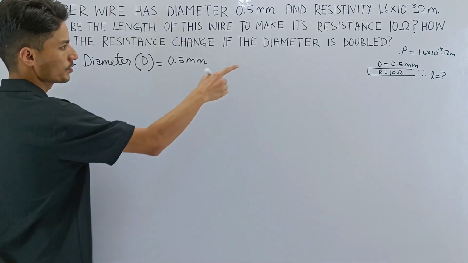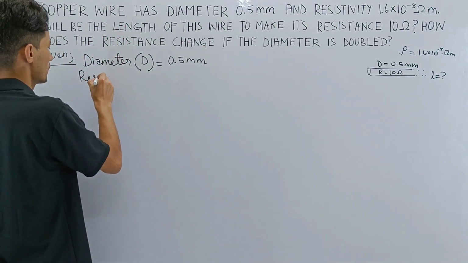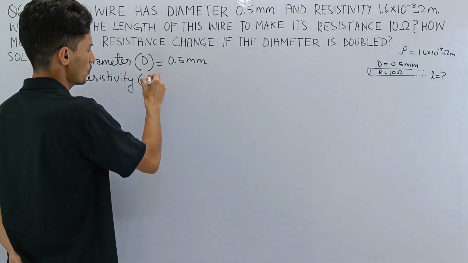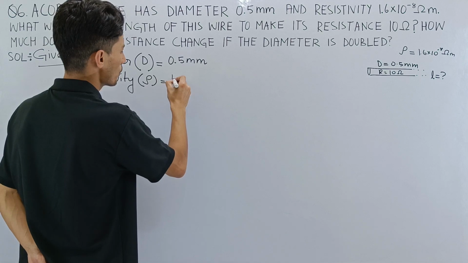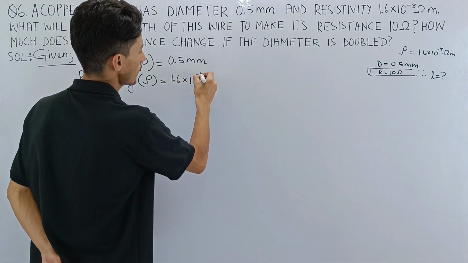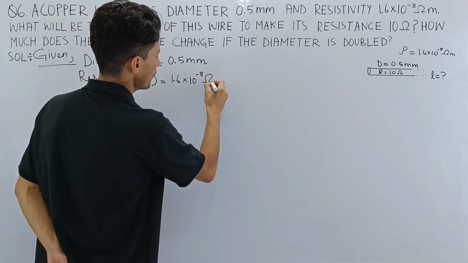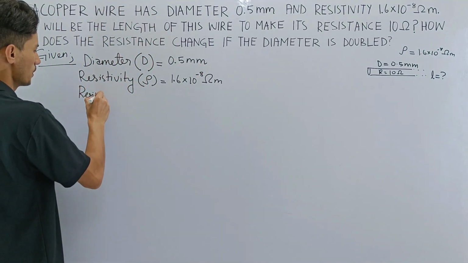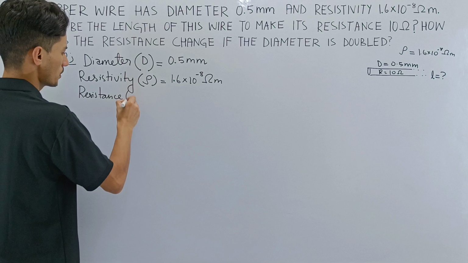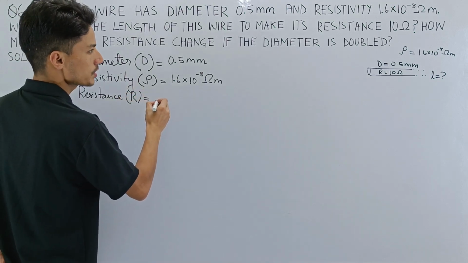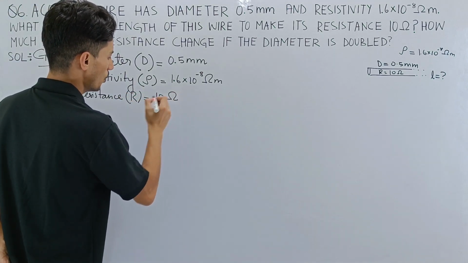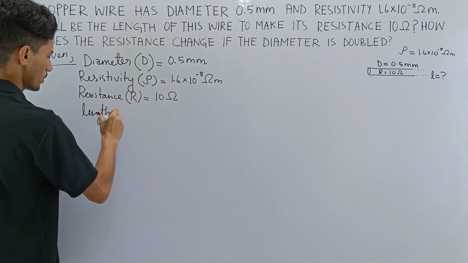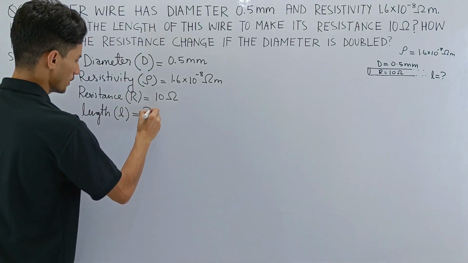Now, after that, resistivity is given to us. Resistivity is rho. It is 1.6 into 10 to the power minus 8 ohm meters. And resistance of the wire is also given to us, which is R, 10 ohm. What we are supposed to find? Length. We are supposed to find L. So put a question mark.